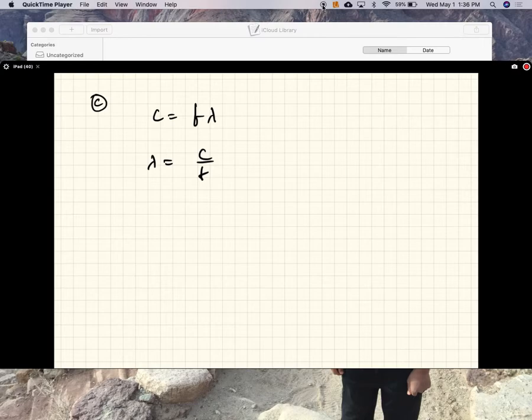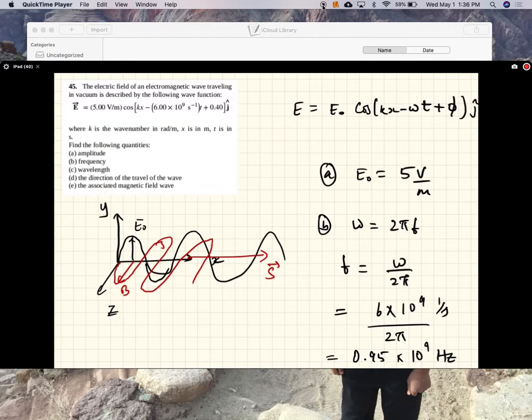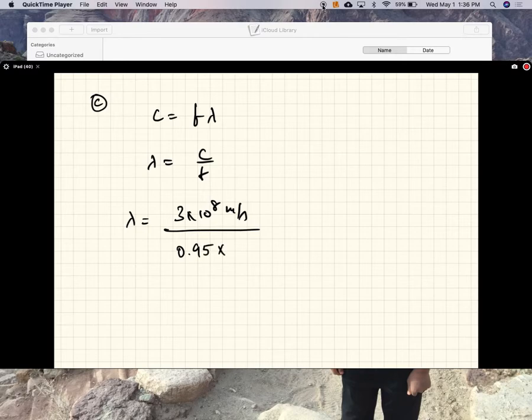We just figured out the frequency, so the wavelength is 3 times 10 to the 8 meters per second divided by 0.95 times 10 to the 9 per second. That's 3 divided by 9.5 meters, about 1/3 of a meter, 0.32 meters.